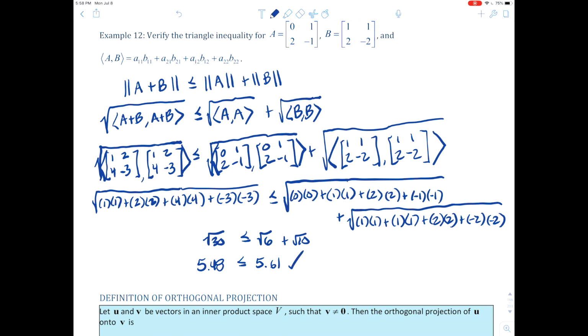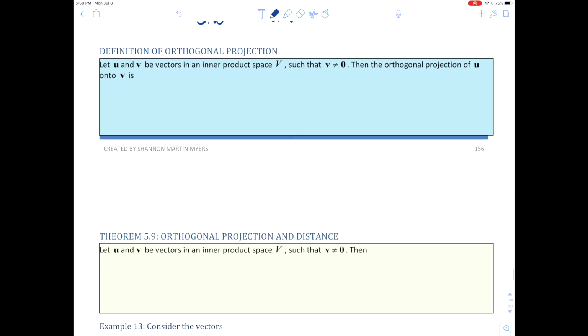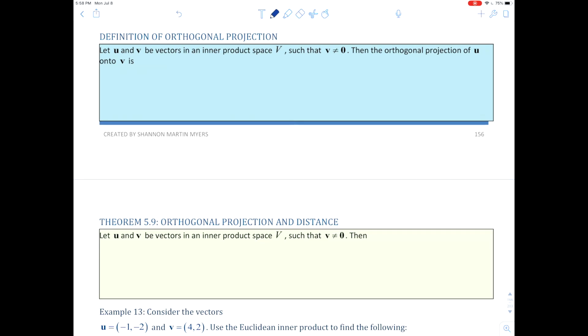Cool? All right. Definition of orthogonal projection. So here, U and V are any vectors in an inner product space V such that V is not equal to the 0 vector.